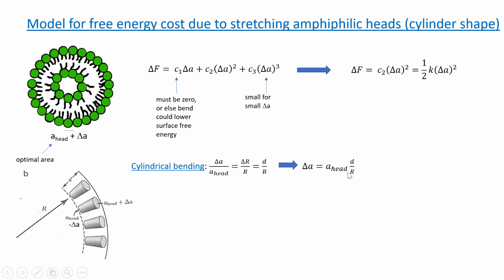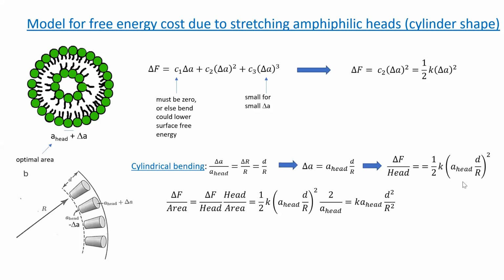And then substituting that into this expression here, we find that the change in free energy per head, this is for a single head, is equal to 1/2 K times delta A squared. So I've just substituted in this A head D over R, capital R squared here, okay?